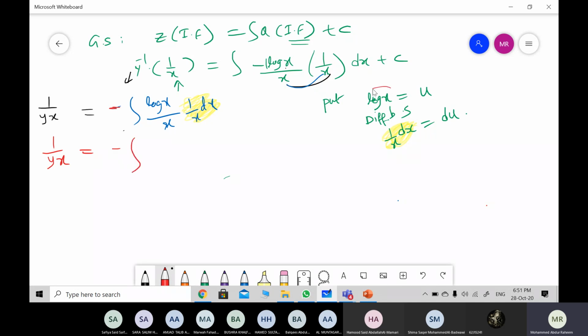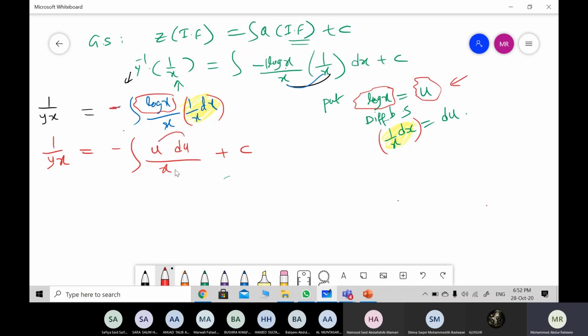How much is log x? 1 over x, how much? u. How much is 1 over x dx? du. So this is a du. But this x is still remaining like that. This is a problem. If you do substitution, all should become u.